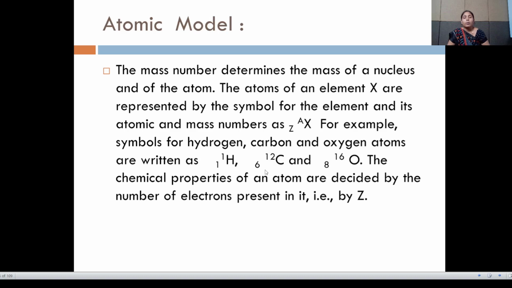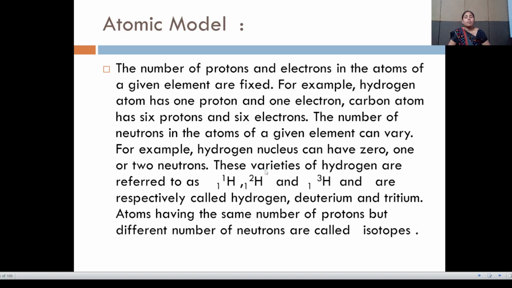The chemical properties of an atom are decided by the number of electrons present in it, that is by Z. The number of protons and electrons in the atoms of a given element are fixed. For example, a hydrogen atom has one proton and one electron. A carbon atom has 6 protons and 6 electrons. The number of neutrons in the atoms of a given element can vary.